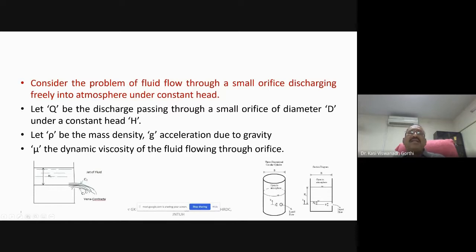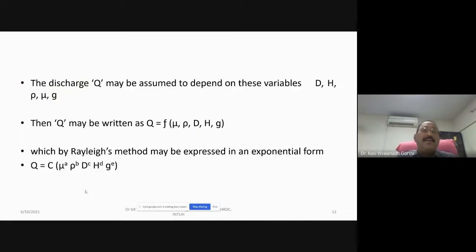So all these are the independent variables, and the discharge Q is the dependent variable. So Q depends on d, H, rho, mu, g.